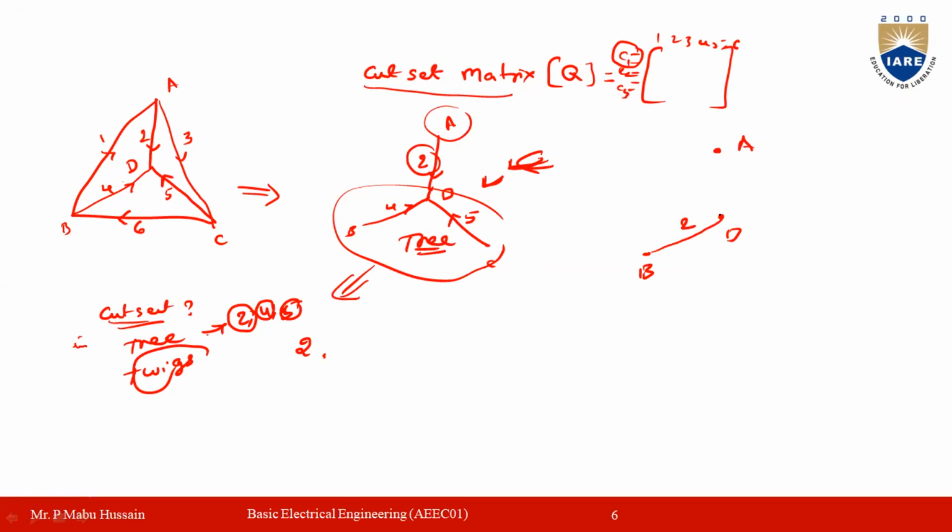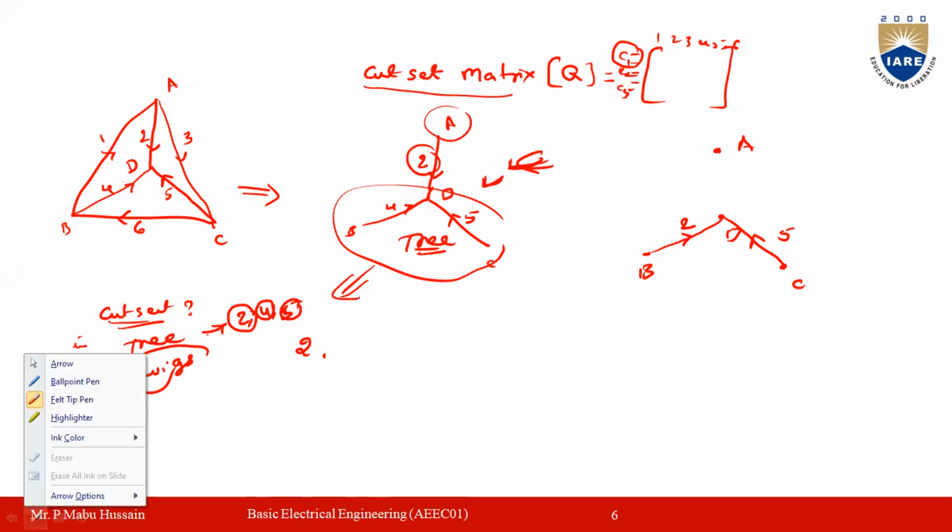Now between D and C, you will be having another branch 5. Okay, this is in this direction, right? So now you observe this. After removing this second branch, you will be having this.